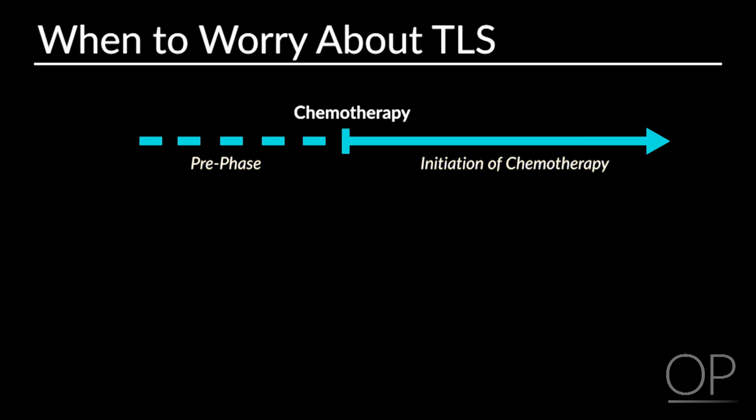As I mentioned earlier, for those at highest risk, we actually talk about using a pre-phase course of chemotherapy to gently lyse the cells. And that way it lets the clinicians have some time to minimize risk and employ other preventative measures to also minimize risk to the patient.